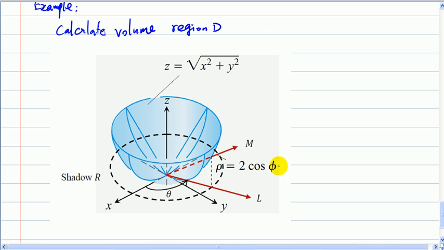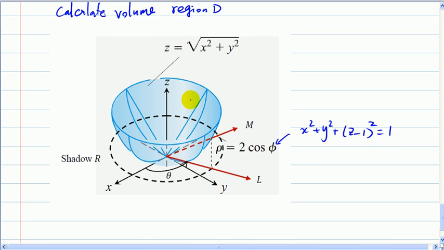This is the equation in spherical coordinates, but if I write that in Cartesian coordinates, it's x squared plus y squared plus (z minus 1) squared equals 1. So that's a sphere with the center at 0, 0, 1, with a radius of 1. So you have two surfaces, and we're looking for the volume between the two surfaces.